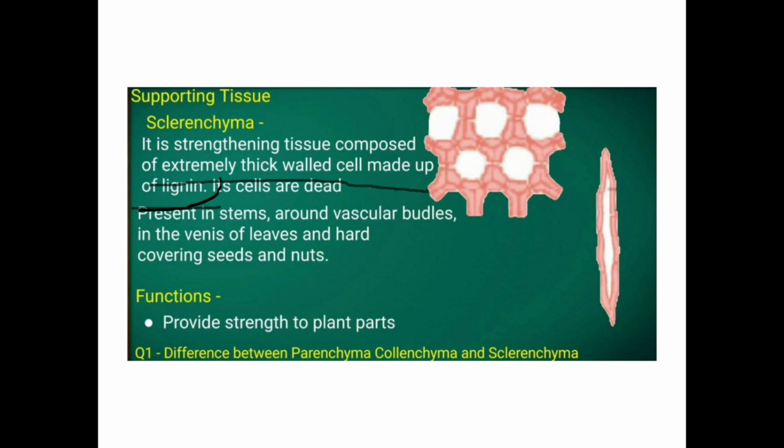One more important thing: its cells are dead. Sclerenchyma cells are dead. It is present in stems, around vascular bundles, in the veins of leaves, and in the hard coverings of seeds and nuts.